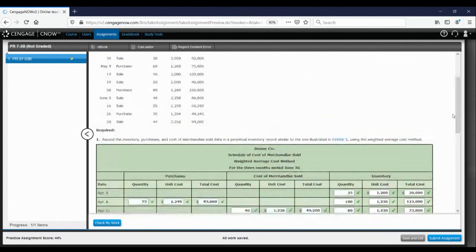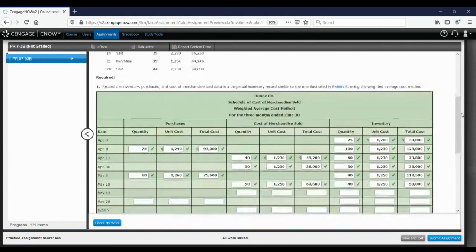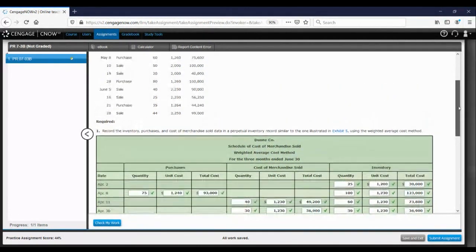On the next transaction, which is May 19th, we sold some more units. We sold 20 more units. So because this is a sales transaction, we would have debited accounts receivable and credited sales for $40,000.